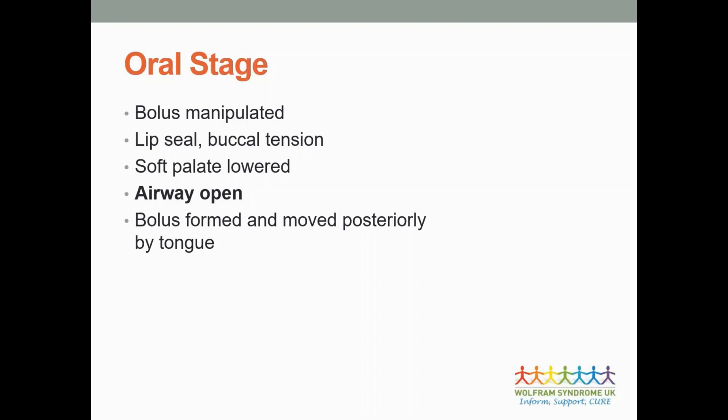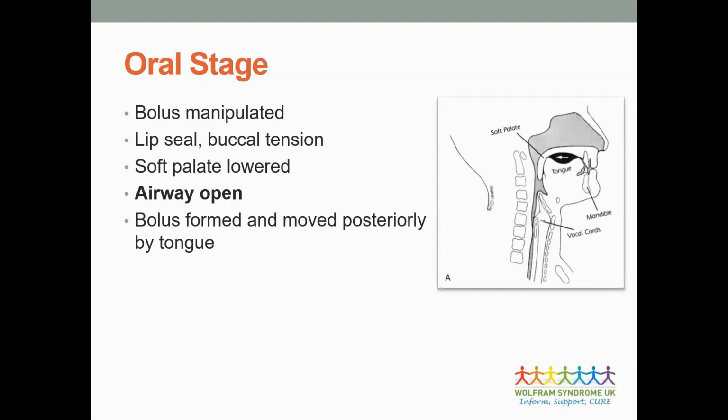And throughout this time, our airway is open and our soft palate, or our velum, just here, is lowered. Okay, and our airway is just here. I can send these out if the pictures are a little bit small. I can send these slides out after.